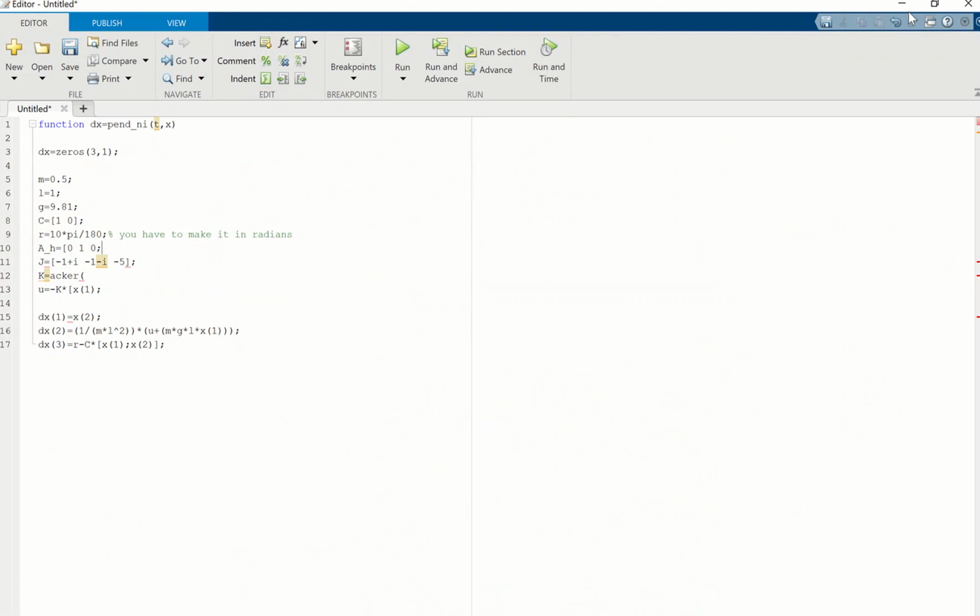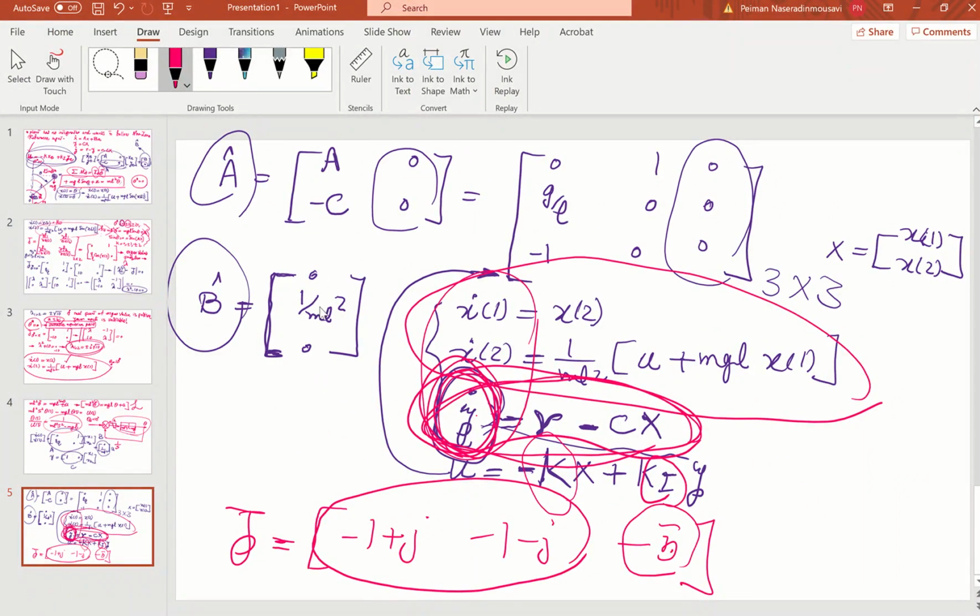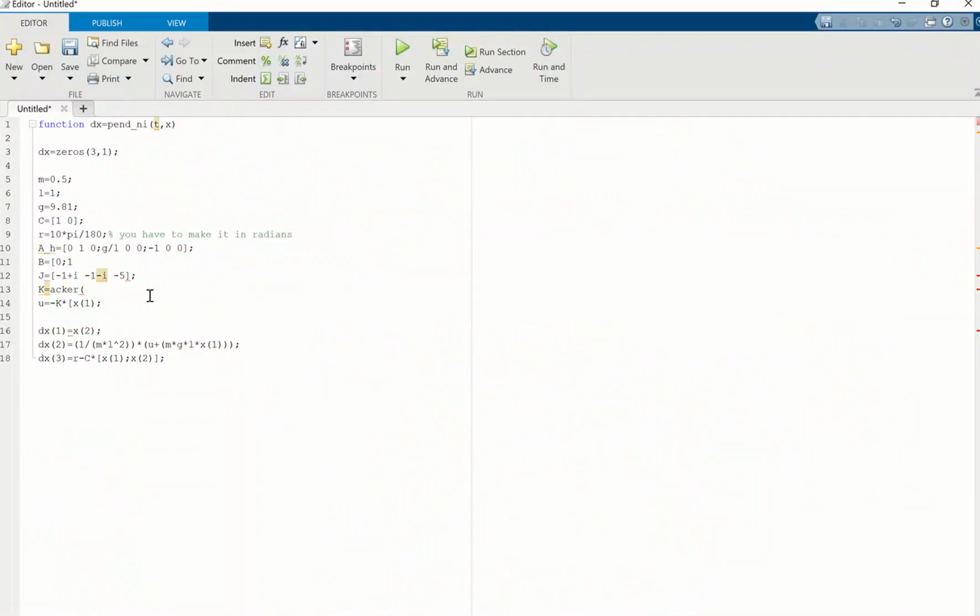So it is G over L, 0, 0, -1 and 0, 0. This is A hat. We changed. B is 0, 1. Look at here. B hat is 1 over mL squared. That's right, 1 over mL squared, and 0. This is your B hat. We changed it.